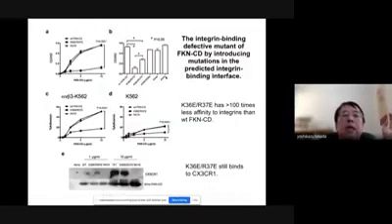Okay, so we made this mutant. The mutant is very defective in integrin binding. But it still binds to receptor, so we can co-precipitate receptor and chemokine at the same time. But this mutant is very defective here. This is a control receptor binding defective mutant, so that's a negative control.